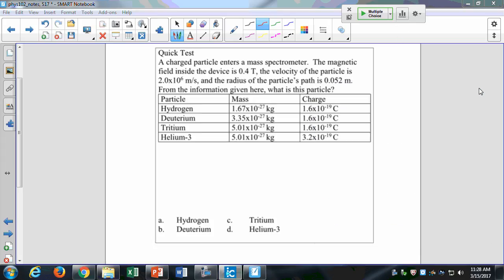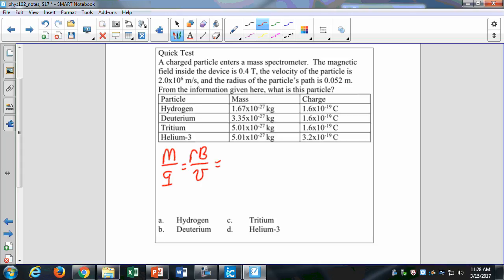So you measure the mass to charge ratio, m over q, which is equal to rB over v. r is 0.052 meters. B is our magnetic field, 0.4 Tesla. And our speed is 2 million meters per second.